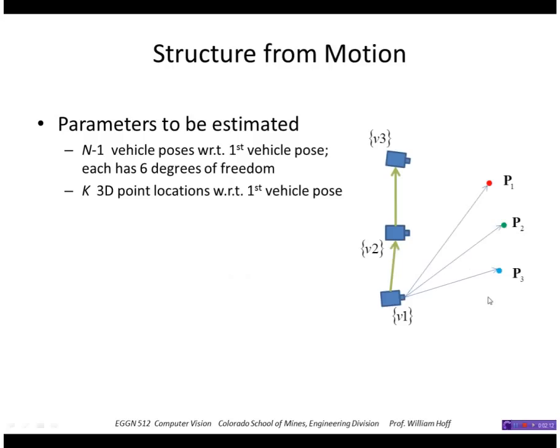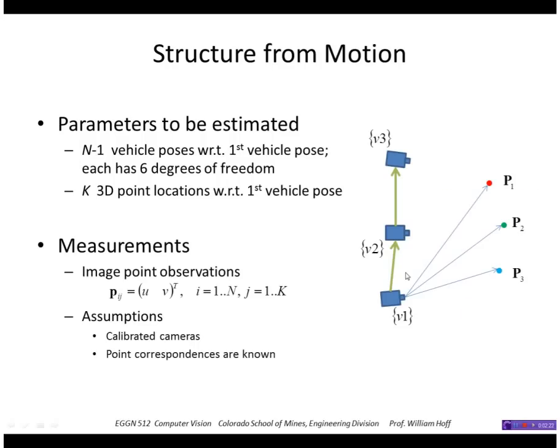Here's a diagram of the situation. Here's a camera moving in various unknown poses and observing a set of points like this. The measurements are the image projections of these points at each camera pose. And of course, not every point is observed in every image, so we also need a way to keep track of that.